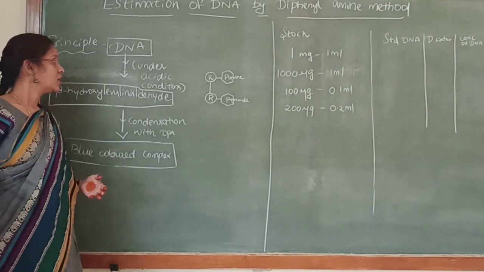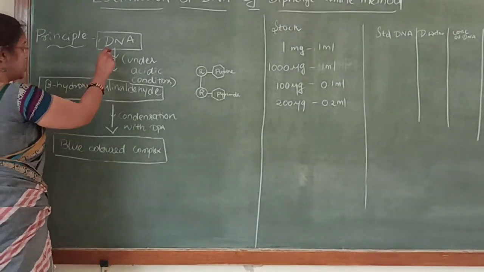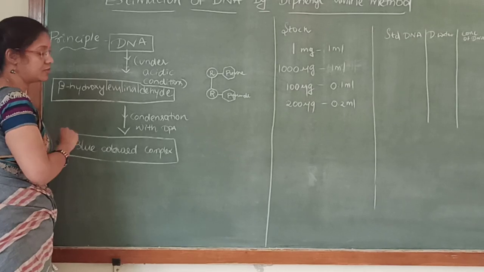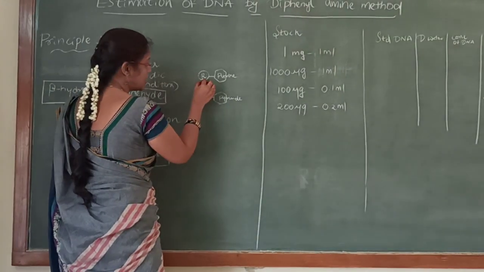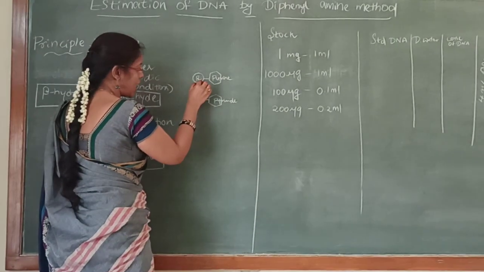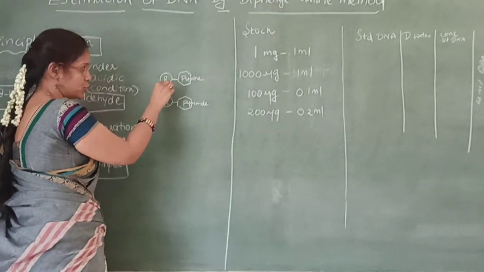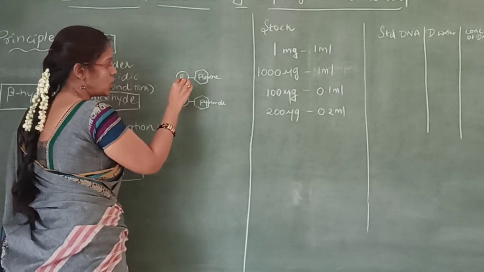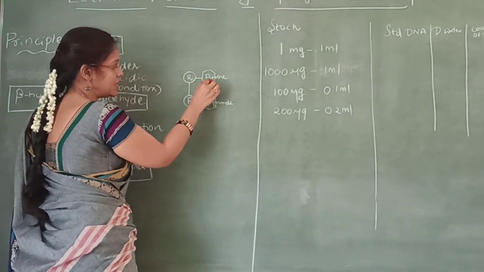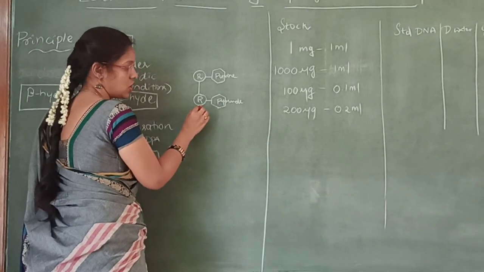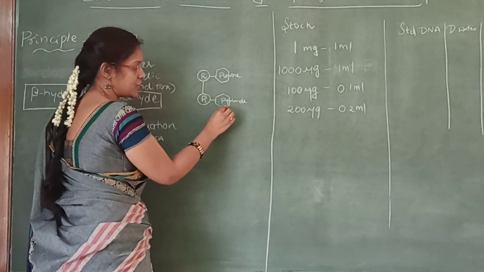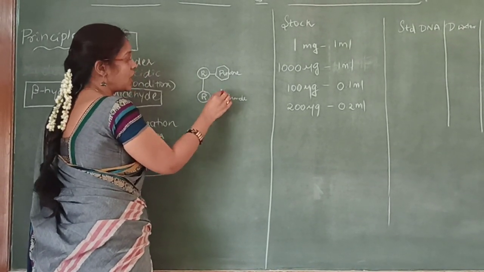Then moving on, how exactly does this DNA become an aldehyde compound? You know that in the structure of DNA you will have the deoxyribose sugar, and this deoxyribose sugar will sometimes be attached to purines, and some of the deoxyribose sugars will be attached to the pyrimidines.